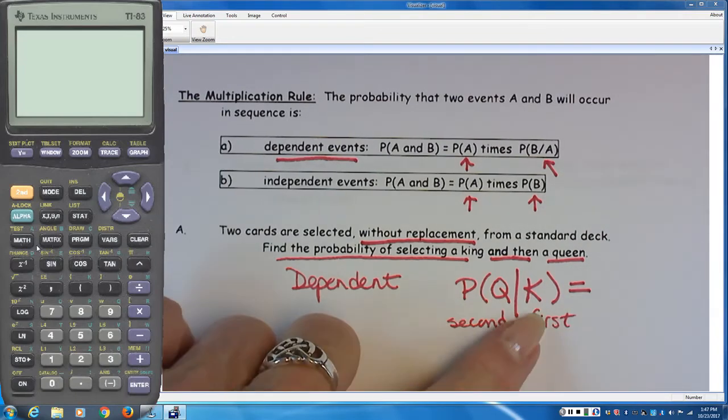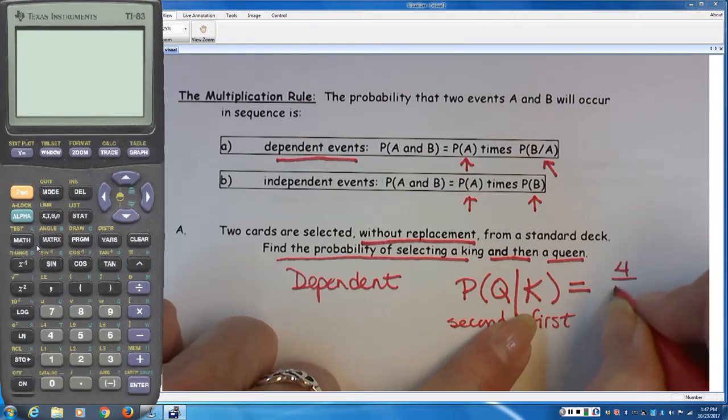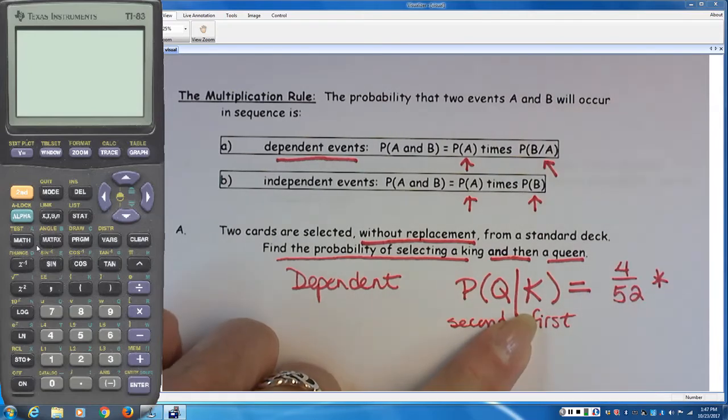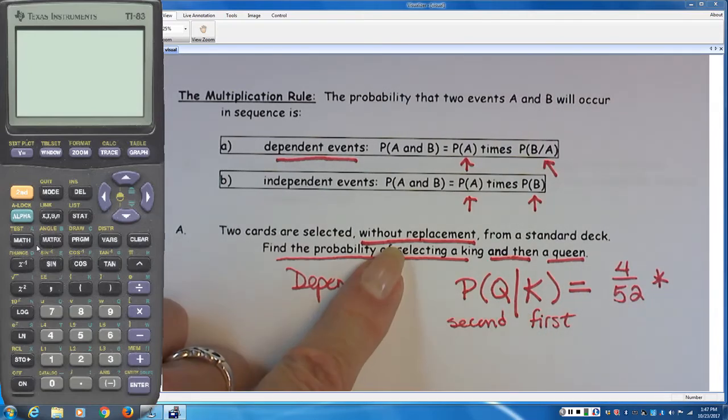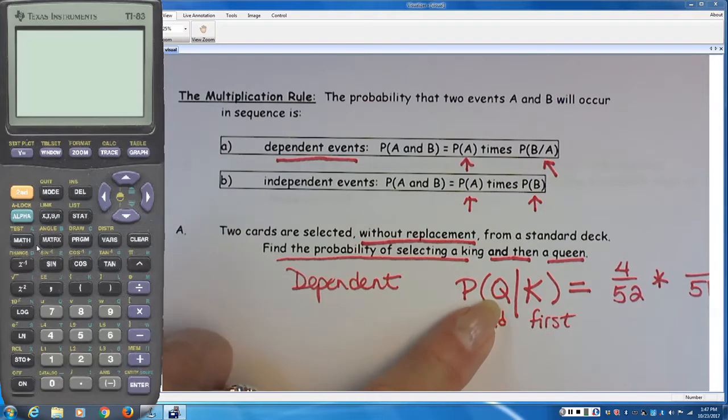And the probability of getting the king to begin with would have been 4 out of 52. And since we're not putting it back, then we're only going to have 51 cards, but we still have 4 queens.